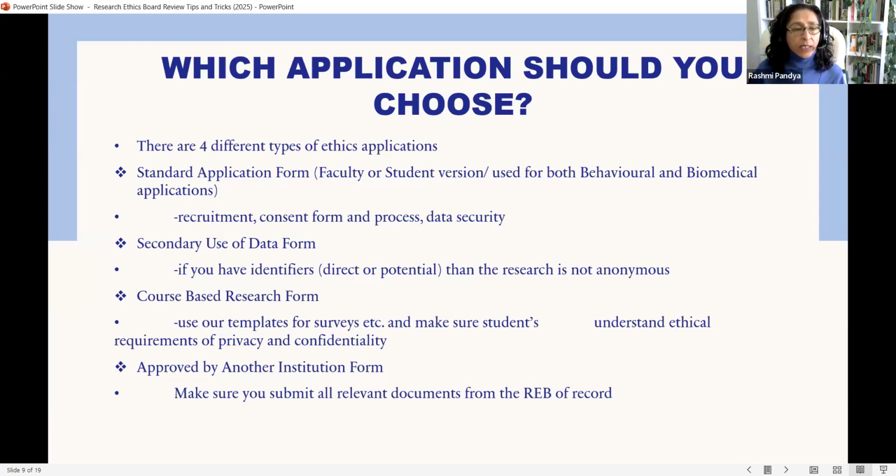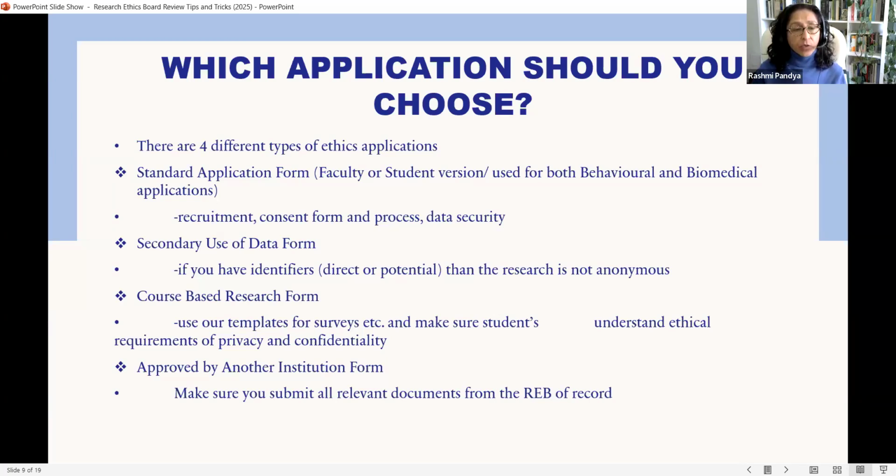We also have an approved by another institution form. This is in the 2022 version of the TCPS2. Some of the language around multi-jurisdictional research has changed. So it really has made doing research nationally, I think, a lot easier for our researchers, but also to do collaborations with principal investigators from other institutions where an REB approval has already been received.